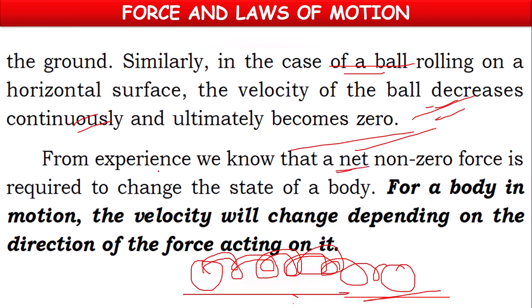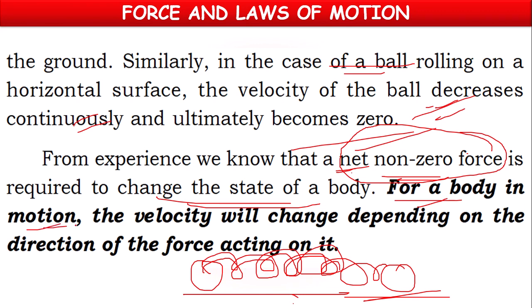And one more thing, a net non-zero force is required to change the state of a body. That also we have learned. For a body in motion, the velocity will be changing. Why will the velocity be changing? Depending on the direction of the force acting on it.